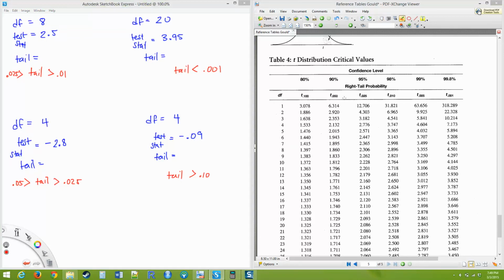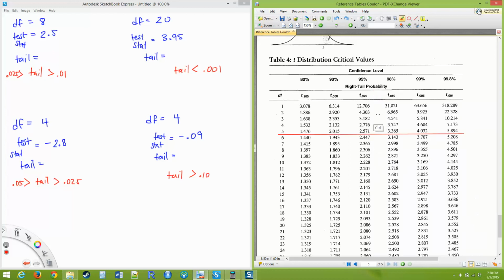So we'll go to 8 degrees of freedom, and we're trying to see where 2.5 is. 2.5 is in between 2.306 and 2.896. 2.306 corresponds to 0.025. 2.5 is in between these two numbers, so my tail area is going to be in between 0.025 and 0.01. 2.5 in that row is in between 2.306 and 2.896, so my corresponding tail area is in between there. Thank you. Is that okay?